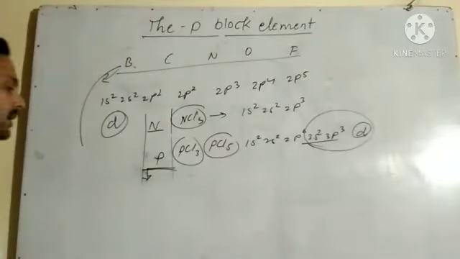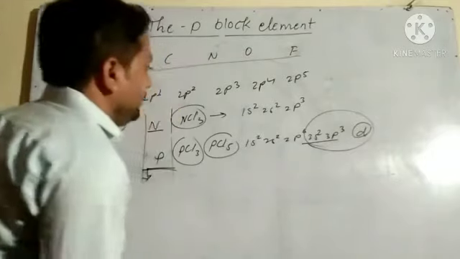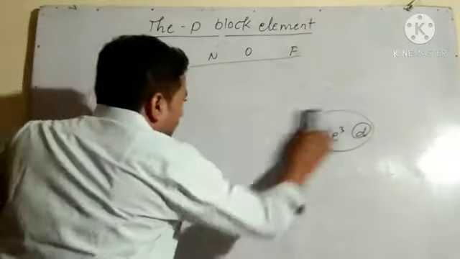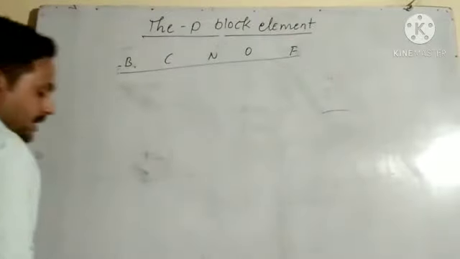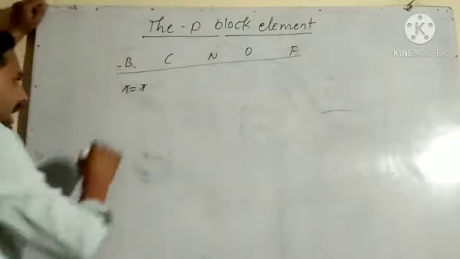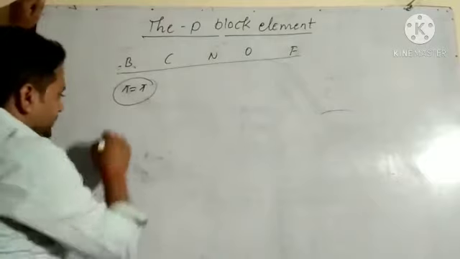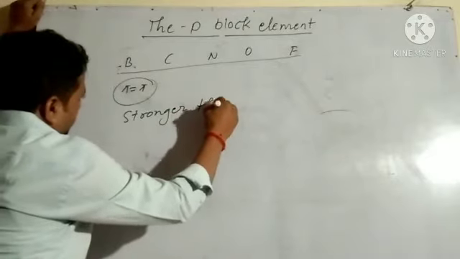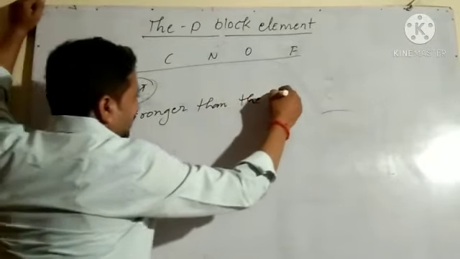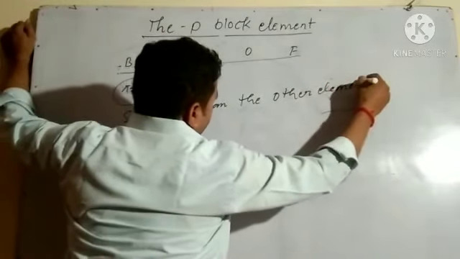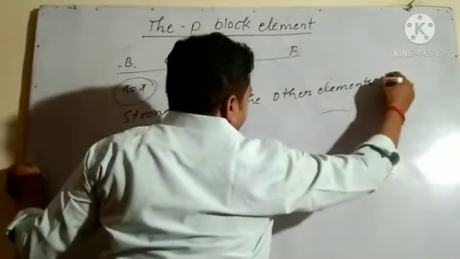They can't expand their octet or valency because of the absence of d orbital in their valence shell. And another thing is that these elements form pi bonds, and these pi bonds are stronger than those of the other elements of this group.